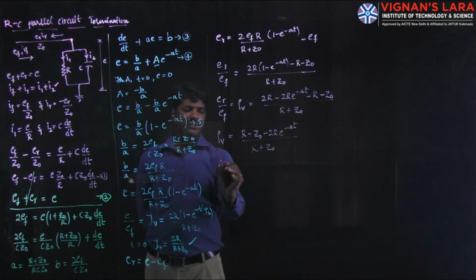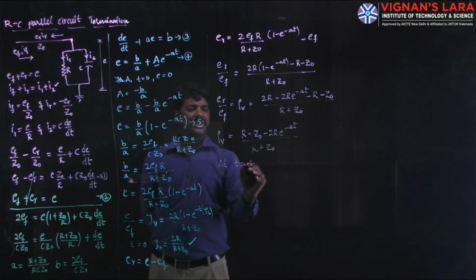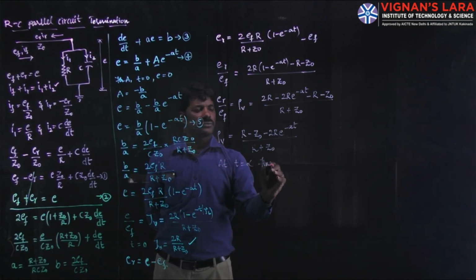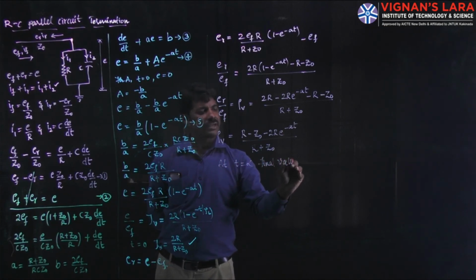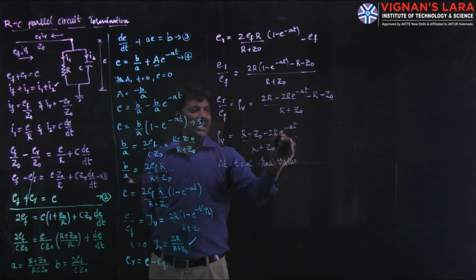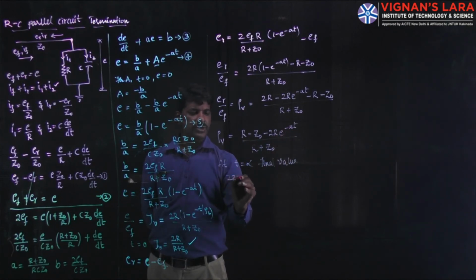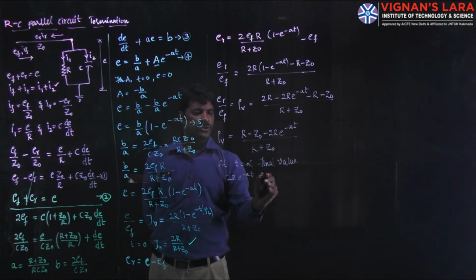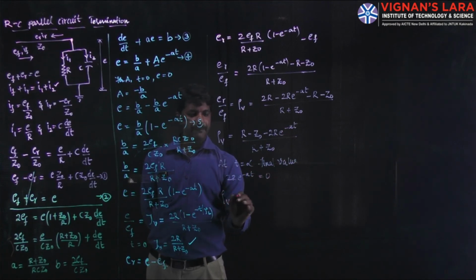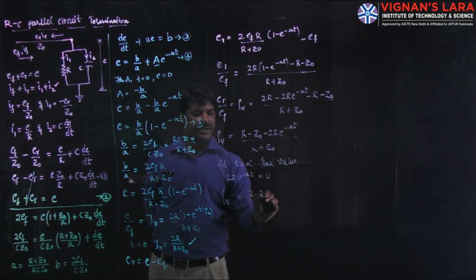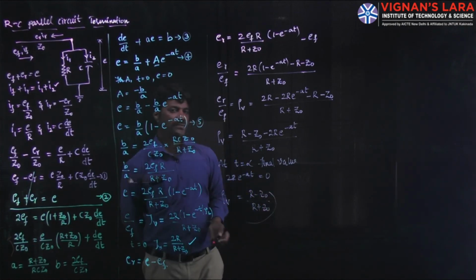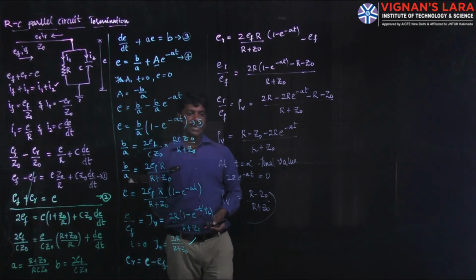At the final value, at t equal to infinity, e power minus AT, that is 1 by infinity, is 0. Then the term 2R e power minus AT becomes 0, so that rho V will become R minus Z naught by R plus Z naught, which is of a pure resistive element.